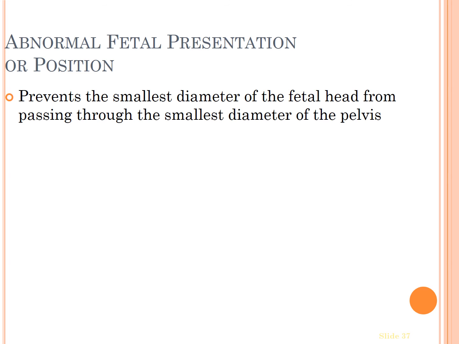So let's think for a second. What is the ideal position for the baby to be in for the delivery? From our conversations in previous lectures, it's where the arms and the legs are flexed and in a cephalic presentation, and preferably occiput anterior. So any abnormality of presentation or position may cause a difficult birth or difficulty for the labor to progress.